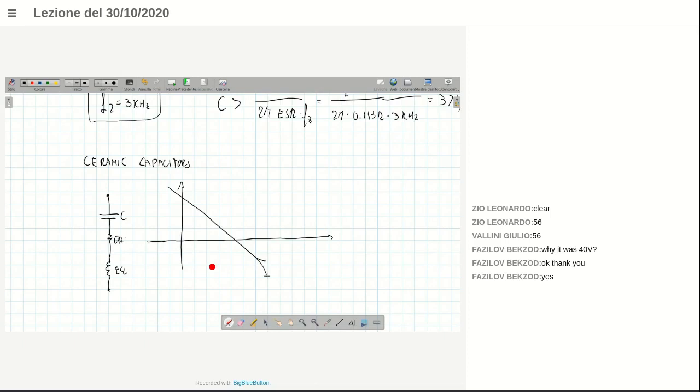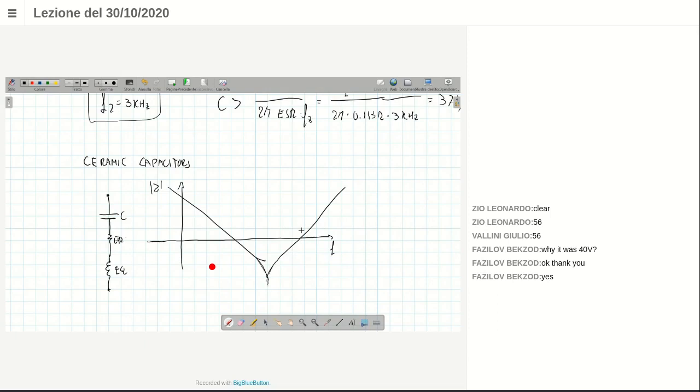And for the frequencies, they typically show an impedance with this shape. So basically, there is a resonance here.